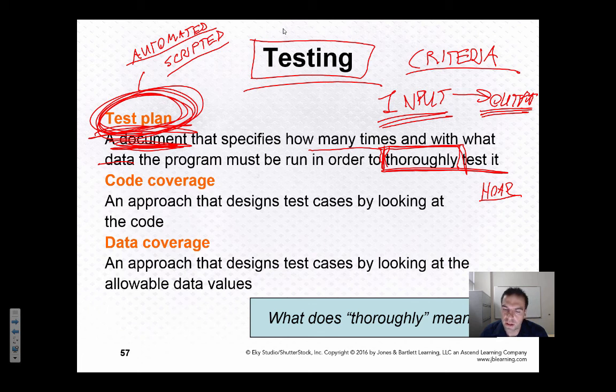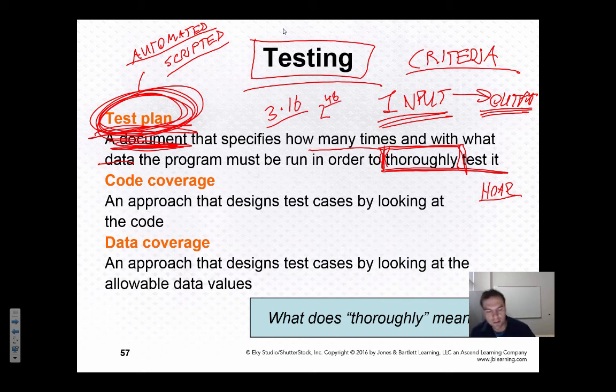Imagine that your program takes as input 3 numbers, and each one of those numbers is 16 bits. That's a very small amount of input. If you consider all the possible inputs, you have 2 to the 48th different possible inputs.